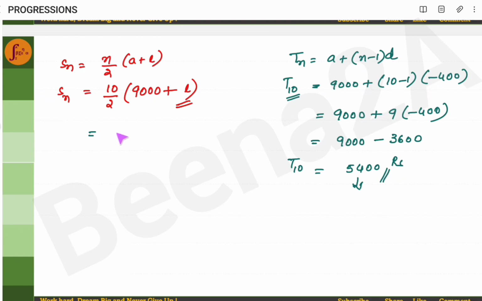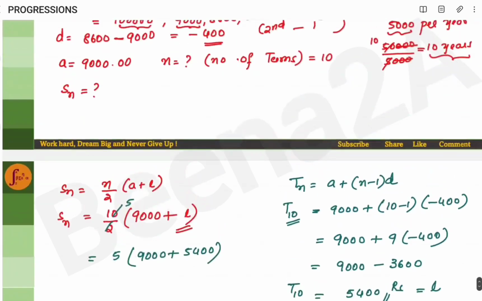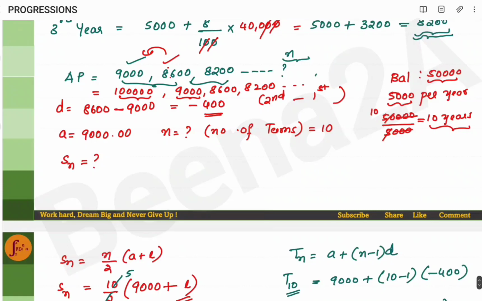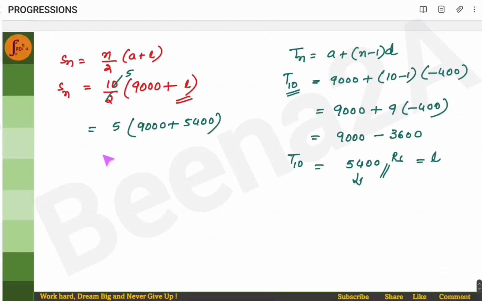So let's substitute here. 5 into 10 by 2 is 5. 9,000 plus L, this is L, last term, 5,400. Basically, if you go to the series, the last term is 5,400 rupees in this series. So now let's calculate. I'll get 72,000. So Sn is 72,000 rupees.